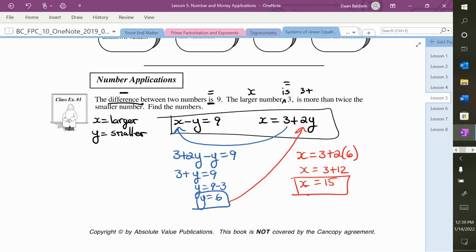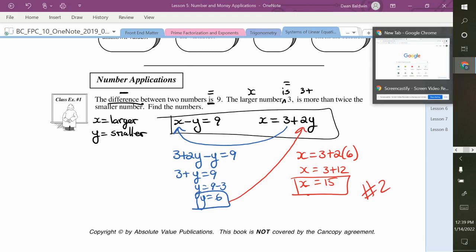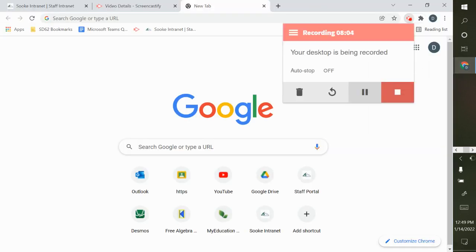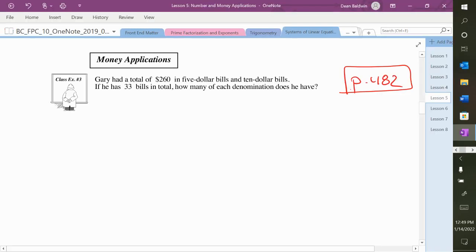So before I do the other types, I want you to do question number 2 in the book, please. Okay, so we have $260 in $5 bills and $10 bills. He has 33 bills in total. How many of each does he have?